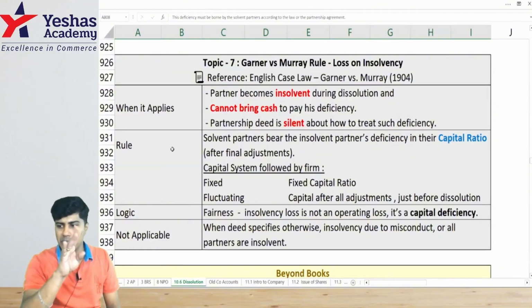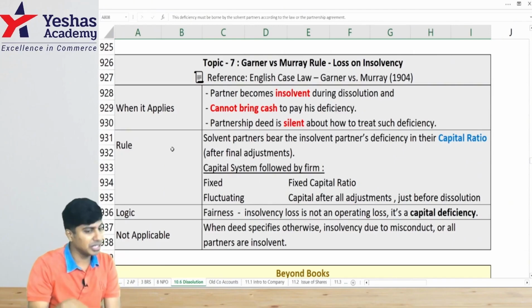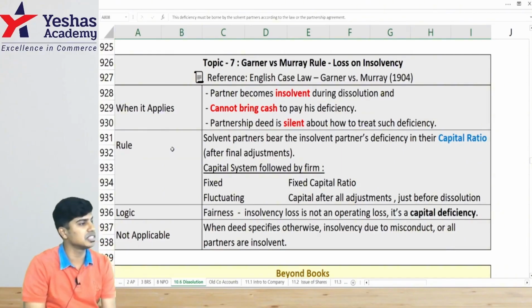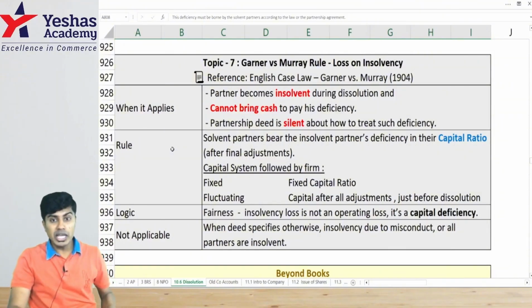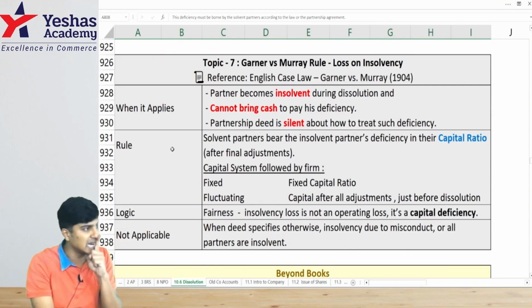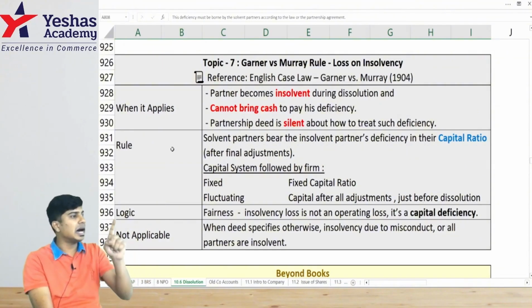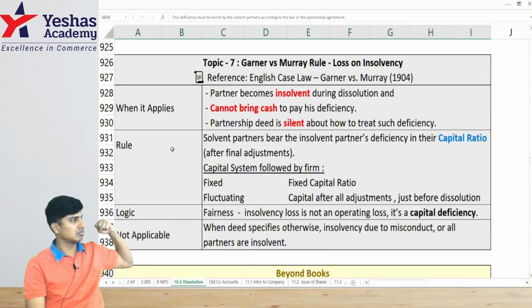What if Rama, Bhima and Soma are partners and they have a partnership deed, and in that deed it is told what to do if one of the partners is insolvent? Then we will go to Garner versus Murray? No, we will do what the partnership deed tells. Only and only if the partnership deed is silent, then we will apply the learnings of the Garner versus Murray case law.